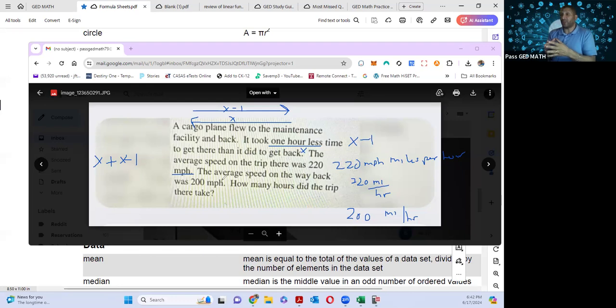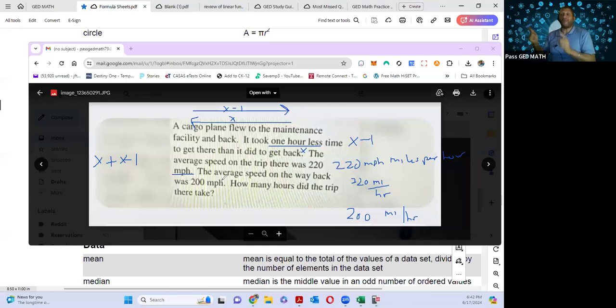Why I don't like this question is, again, 200 miles per hour doesn't mean I went 200 miles. It doesn't mean that. So for me, this is not enough information. That's how I would answer this question.